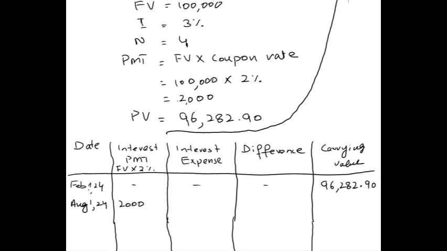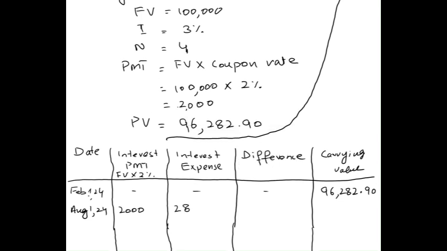When you do that, this should come out to be 2,888.49. And then this difference column will be interest expense minus the interest payment. So this will be 888.49. You can also do it like this. If you call this column A, column B, this will be B minus A.